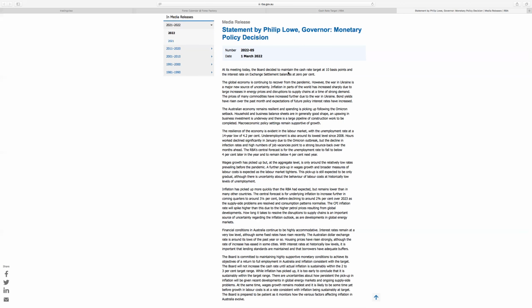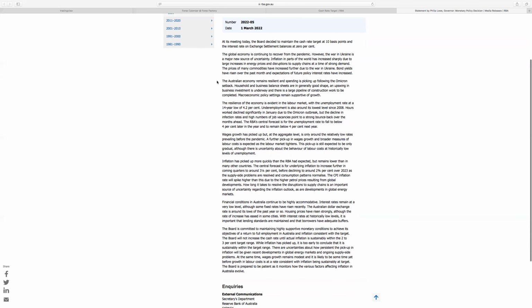At its meeting today, the board decided to maintain the cash rate target at 10 basis points, and the interest on exchange settlement balances is 0. The global economy continues to recover. Then we have a warning: a major source of uncertainty. See words like major, that is something you want to pay attention to. They use these sorts of words to emphasize how they feel or think about something. So the Ukraine war is a major source of uncertainty.